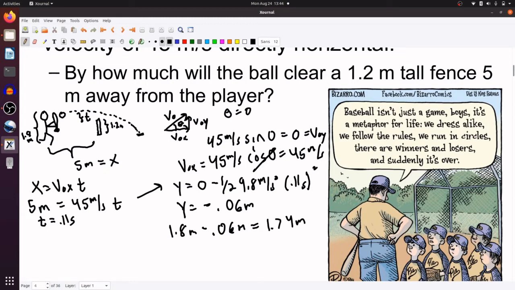But keep in mind, going back to my old picture, all I did was figure out the absolute position relative to the ground, and that's 1.74 meters. But I want to see how much it cleared it by, right? So then I say, okay, 1.74 meters minus 1.2 meters, and that's going to give me 0.54 meters.